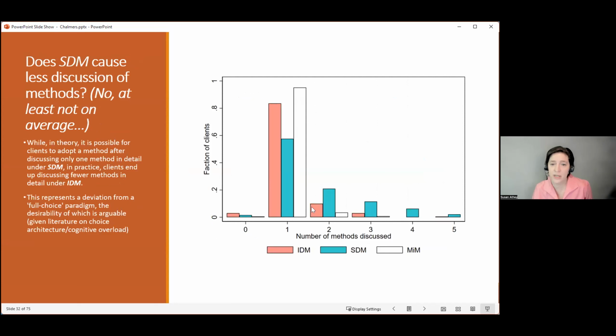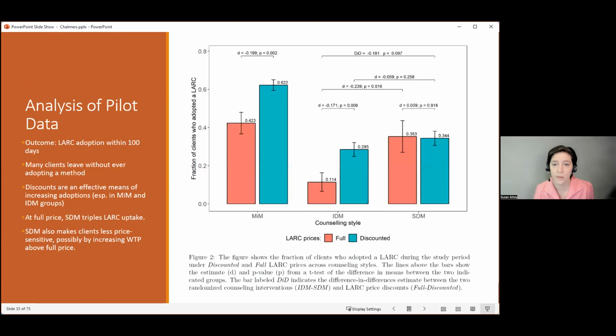We also find something interesting: in the blue is the shared decision making where the tablet ranks things, and they actually discuss more methods when the tablet ranks things than when the woman chooses. So the nurse and the tablet are not pushing people to only discuss one thing.